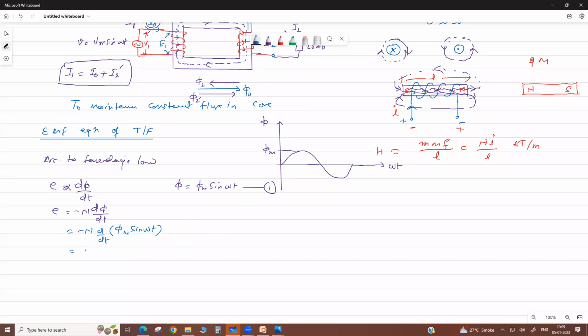When we differentiate, sin becomes cos with respect to t, so it will be cos omega t, and then omega multiplies. So this comes minus N phi m omega cos omega t.